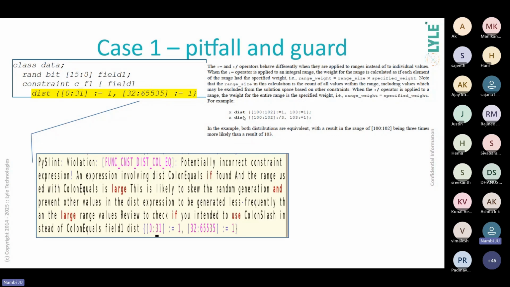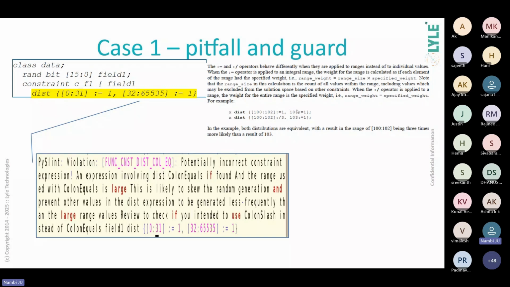When you use colon equal to, you're saying the distribution gives equal weights to each of these values, from 100 to 101 and 103.